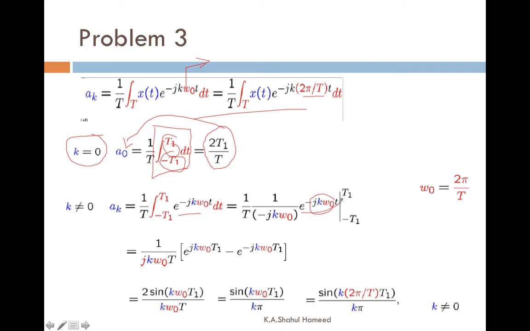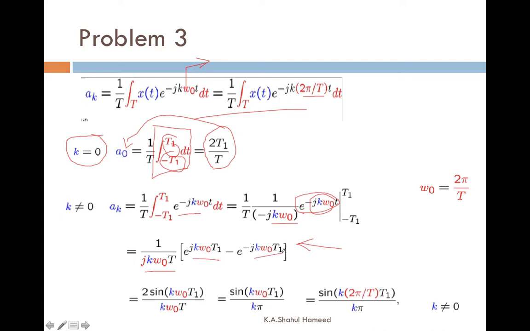So e power minus j k omega naught t divided by minus j k omega naught, evaluated at the upper and lower limits. When you substitute the upper and lower limits, you will get this equation. The constant part I have taken outside, that is 1 by j k omega naught T, with the upper limit and lower limit.